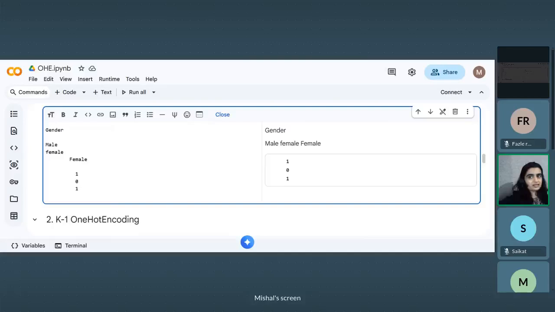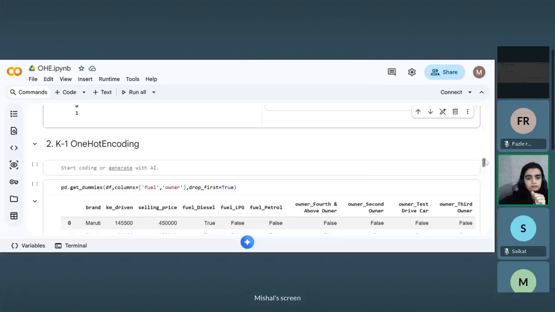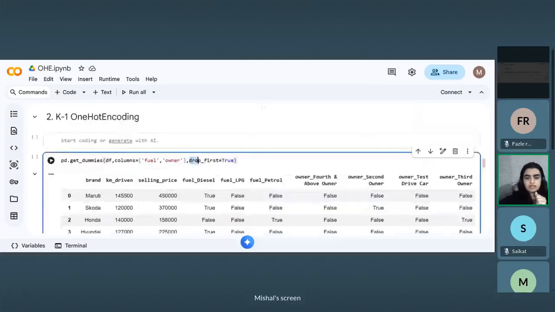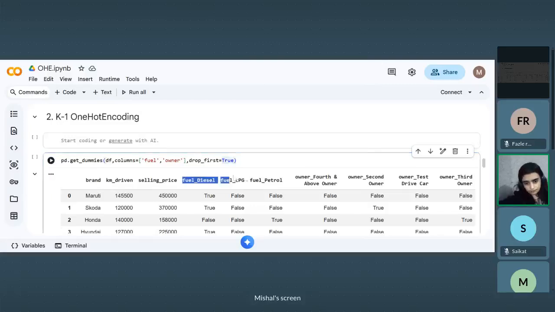And it is just the first column in case of multiple categories also. So there we have this parameter named drop first. If we consider it true, it will drop the first column. By default, it's false, so it will not drop the first column. But if we make it true, it will drop the first column. So now for the fuel, it has dropped a column.